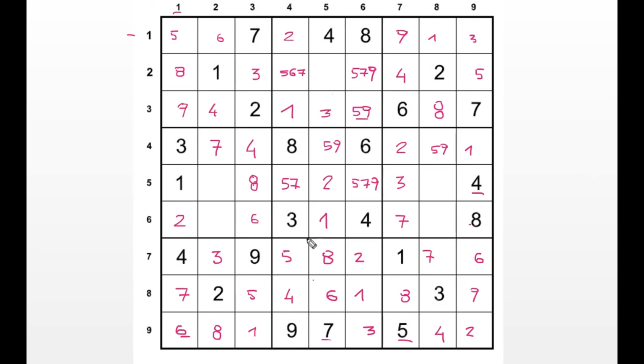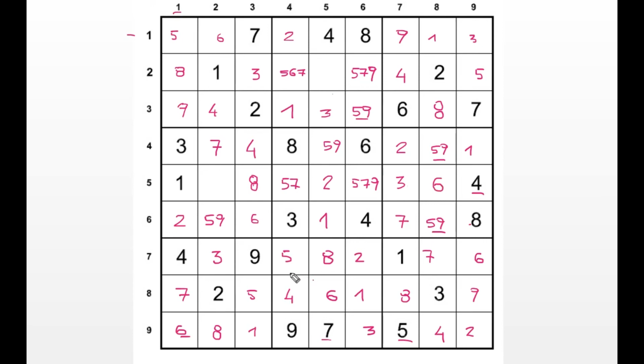And now here in row number 6 they are missing 2 numbers, and these numbers will be 5 or 9. Okay, let's see, 5 or 9, and here will be 5 or 9. And here the same situation, 2 numbers in 2 cells, and here has to be the remaining number, and this remaining number will be number 6.